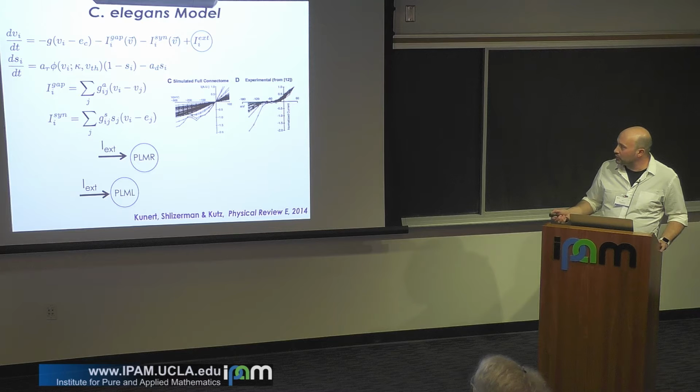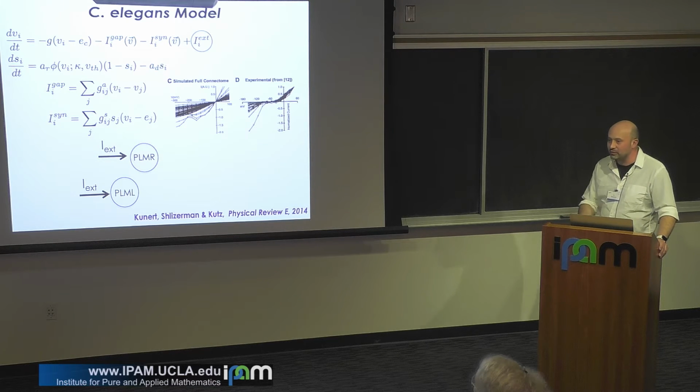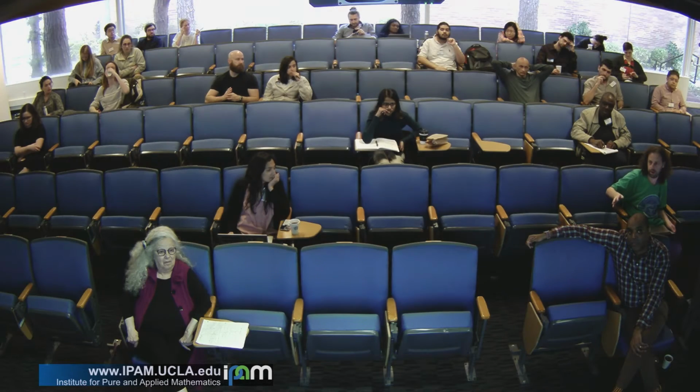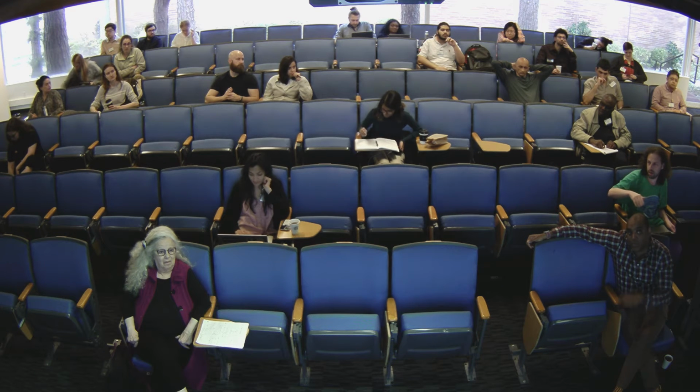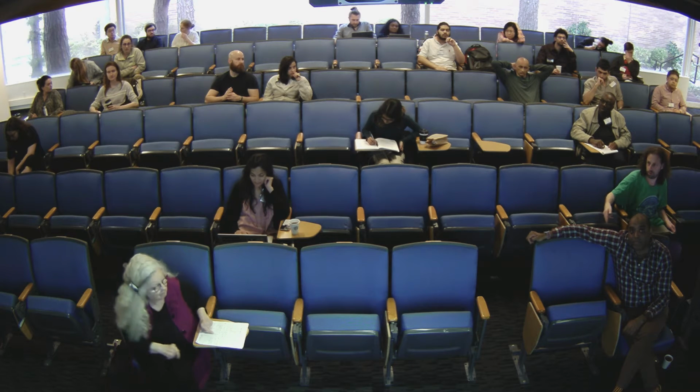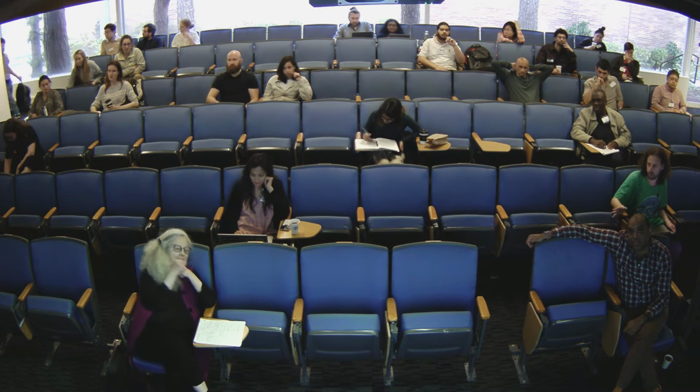So how would we go about fitting this model? Yeah, go ahead. I mean, if I pick a sigmoid, I could do a piecewise linear approximation of the sigmoid, and I know that in terms of dynamical systems you'll lose some theorems and have to do other things. But I can make a piecewise linear approximation as close as I want. So you're telling me even that's not good enough, no matter what.